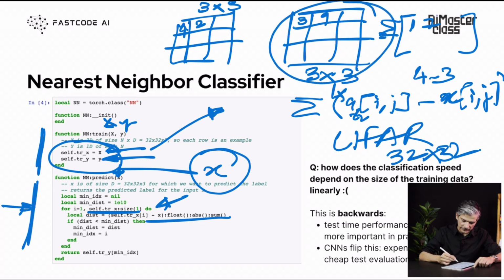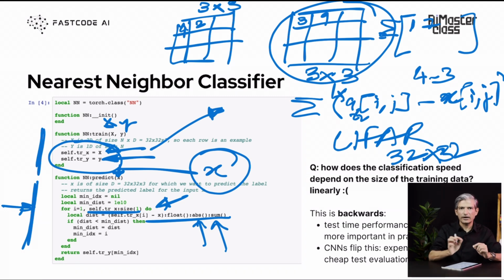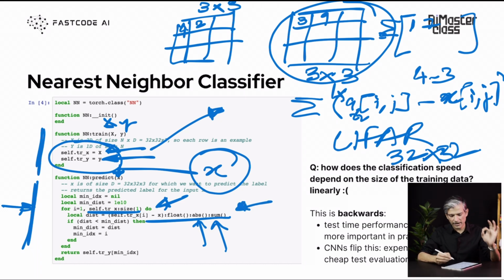So this is the absolute sum of all these pointwise components of the images, in this case the intensity values of the pixels. We subtract one by one, take the absolute value, and then sum it up. So finally our distance will be one scalar number, a single number.